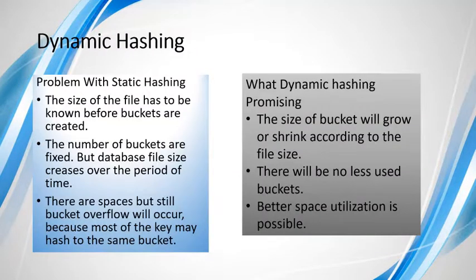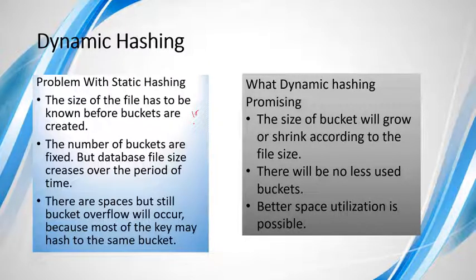But in static hash indexing, there is a set of problems, and those problems are solved by another technique called dynamic hashing. So what is the problem with static hashing? The size of the file has to be known before the buckets are created, because we have to know the number of records in the file and the size of the bucket, so that we can have an idea of how many buckets we need for a particular file.